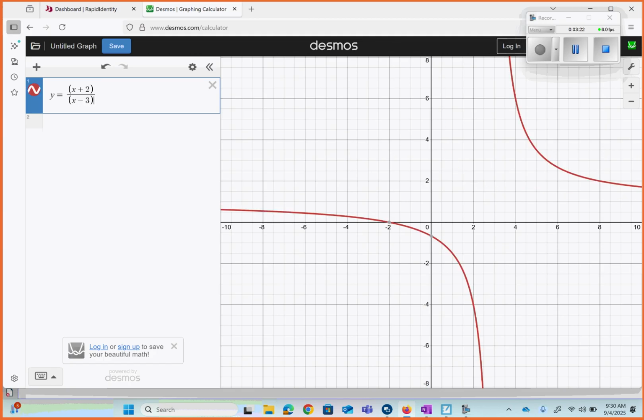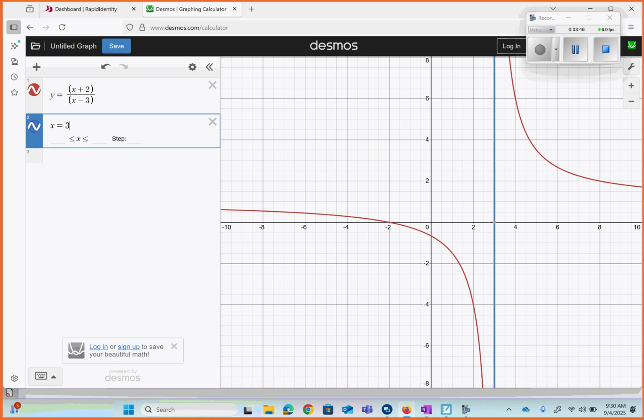All I want to look at right now is the vertical asymptote. So friends, what number would I plug in to the bottom of the fraction that would make it a 0? What makes the bottom 0 on that? 3. Okay, so that means that I have a vertical asymptote at x equals 3.